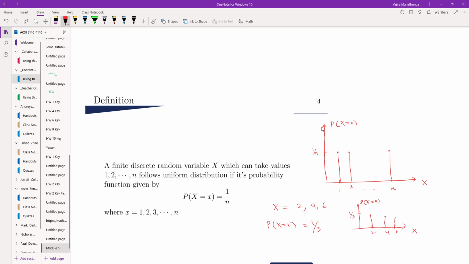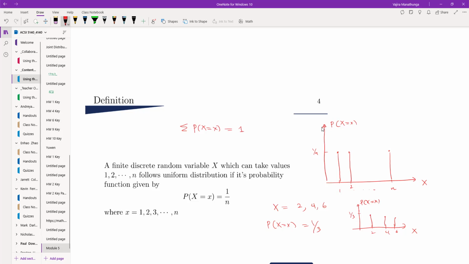Now remember that the reason it is 1 over n, or 1 over the number of values the random variable can take, is that when you add the probabilities, the total needs to be 1. Remember that we have this formula: the sum of total probability needs to be 1.